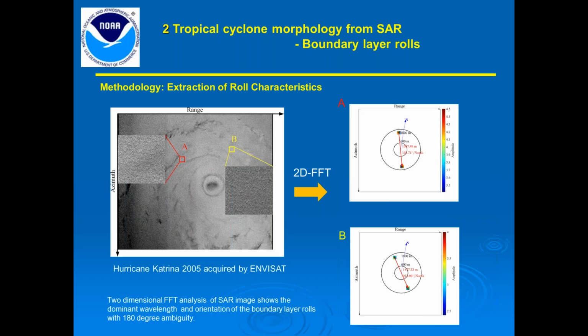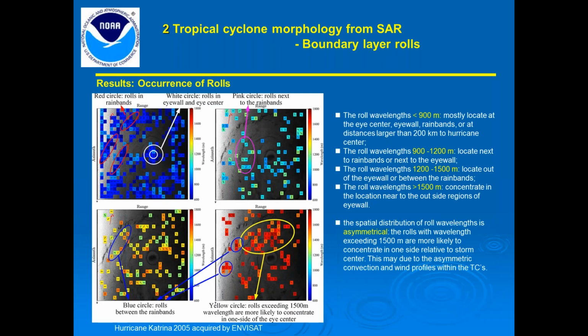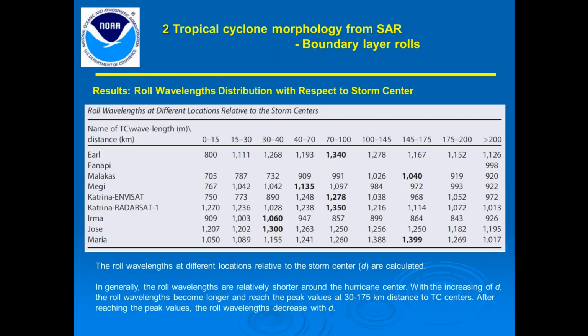So we can just run an FFT on the whole imagery and pick out the hurricane boundary layer roll statistics, the wavelengths, the direction, and so on and so forth. And this is the spatial distribution of the rolls. We can divide the rolls into different wavelengths and look at their behavior. This is a paper just published in JGR this month, so you're welcome to read it.